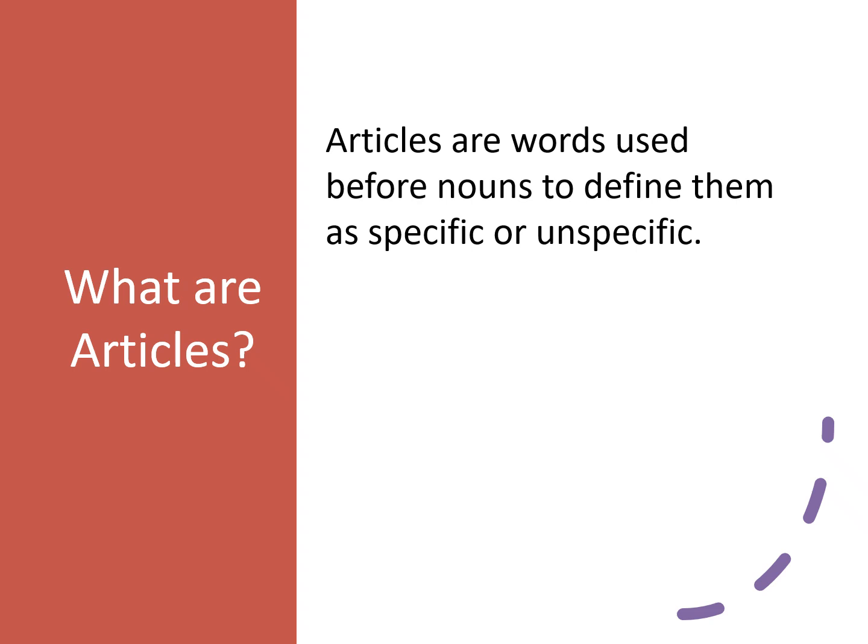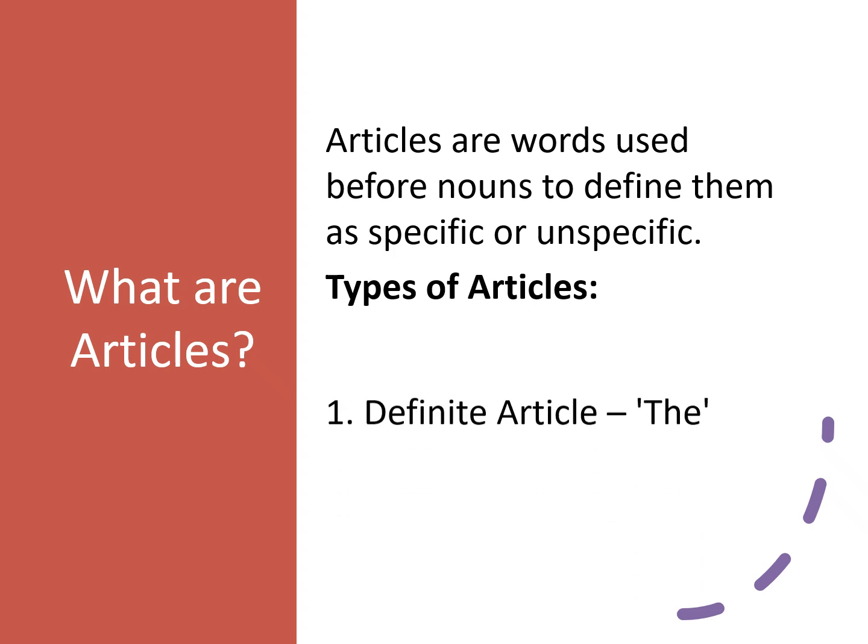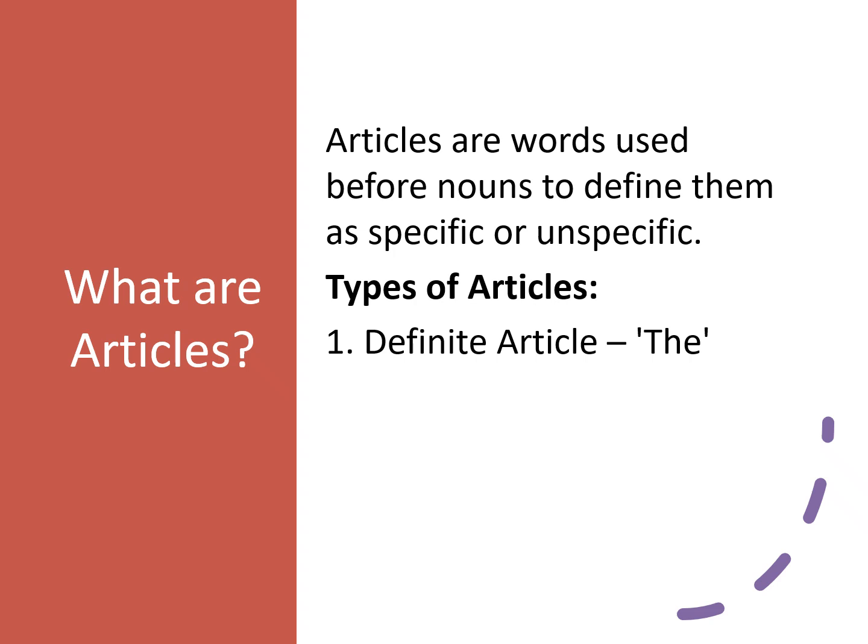Let us understand this a little more clearly. Articles help us define nouns as specific or unspecific. There are two types of articles: indefinite article and definite article.